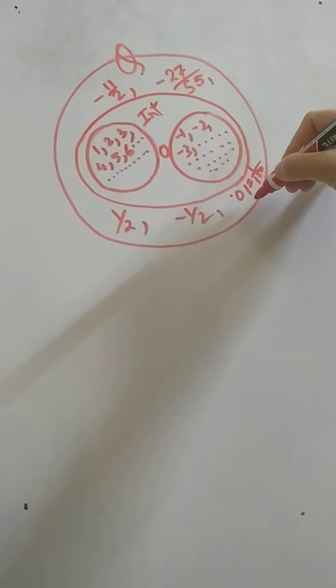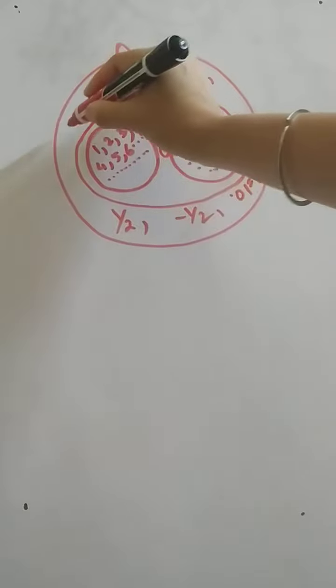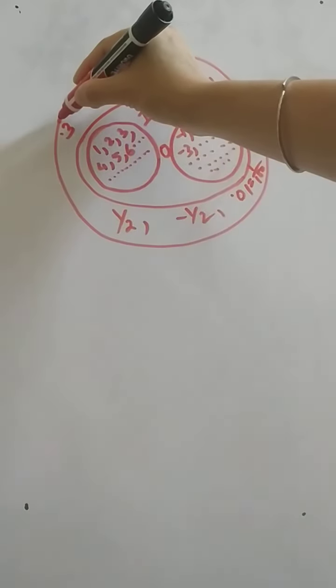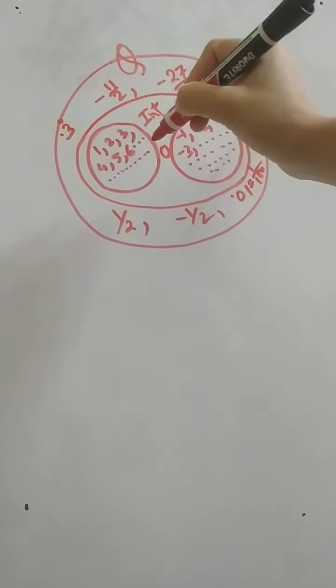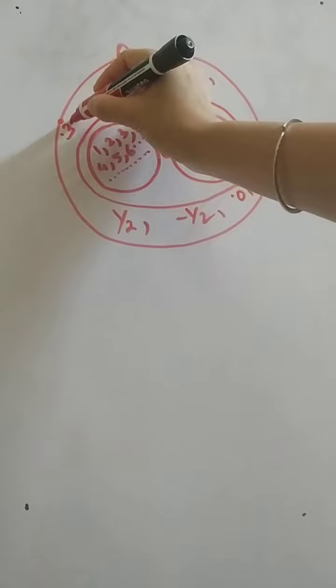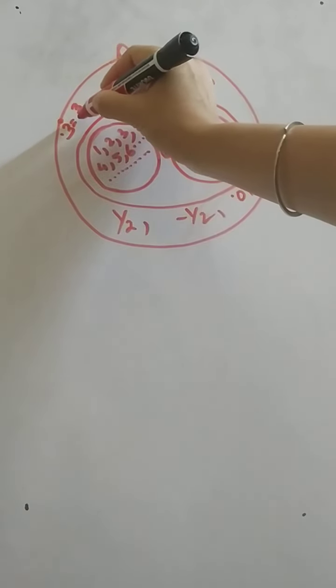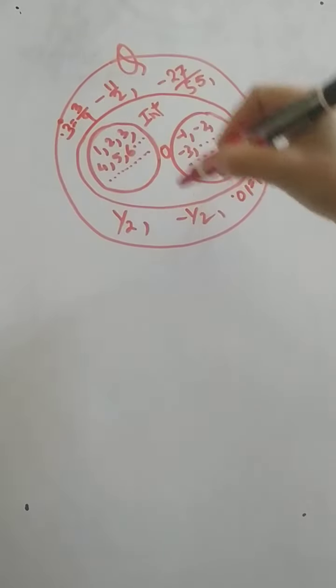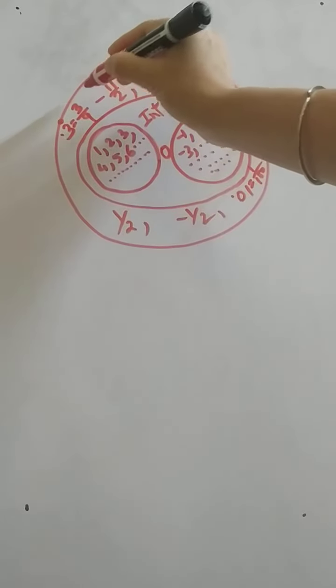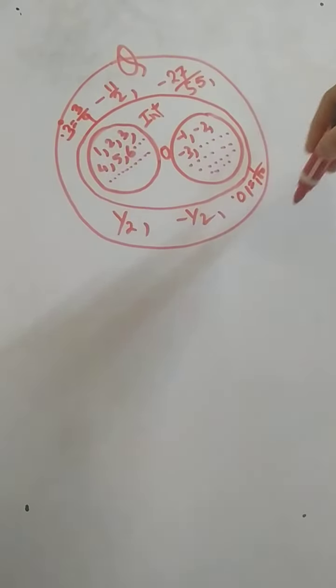Okay. So what about 0.3 recurring? This is a recurring decimal. What about a recurring decimal? It is also a rational number because 0.3 recurring can be represented as 3/9, which is 1/3, which is of the form P/Q, hence a rational number.